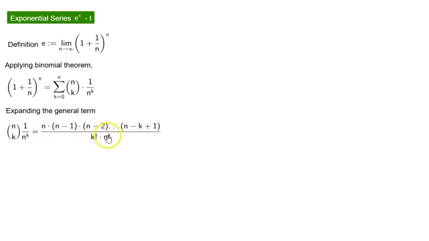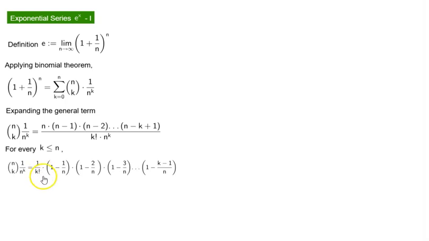So n to the power of k and n to the power of k get cancelled out, and for every k less than or equal to n, we are left with 1 by k factorial times (1 minus 1 by n) times (1 minus 2 by n) times (1 minus 3 by n), and so on up to (1 minus (k minus 1) by n).